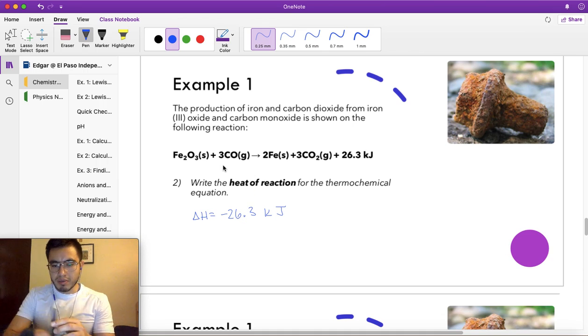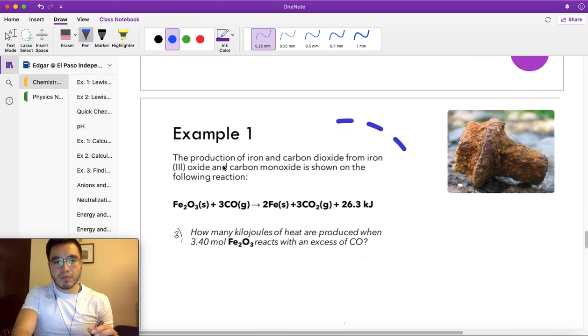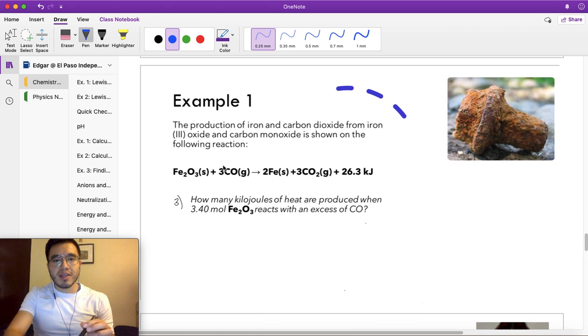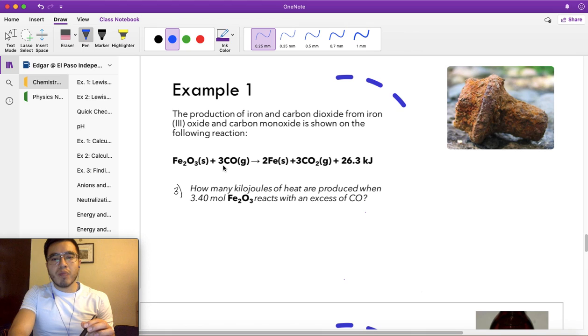Now, question 3. It says, how many kilojoules of heat are produced when 3.4 moles of rust react with an excess of carbon monoxide? If we have an excess, that simply means we have enough for it to react, okay?